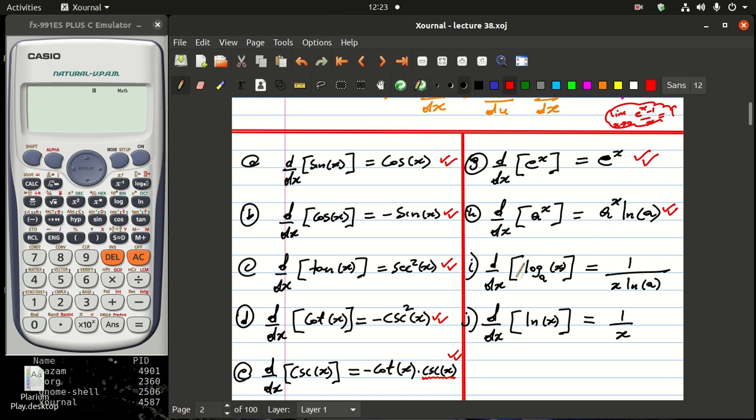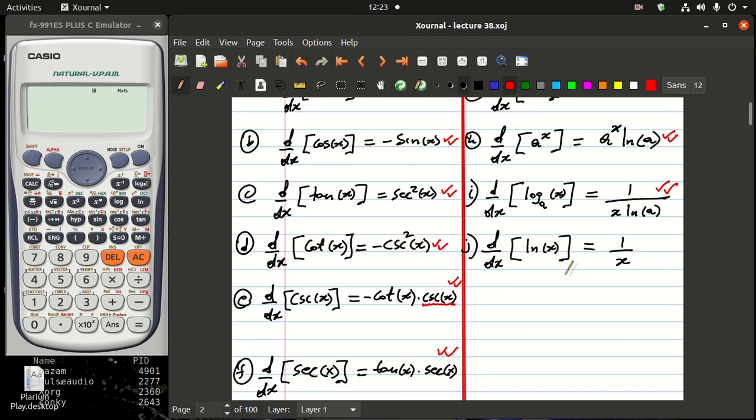And then the derivative of log base a of x, we found out that this is the same as 1 over x times ln of a. And of course, to prove this, we used implicit differentiation, and also from this we proved that the derivative with respect to x of ln of x is the same as 1 over x.